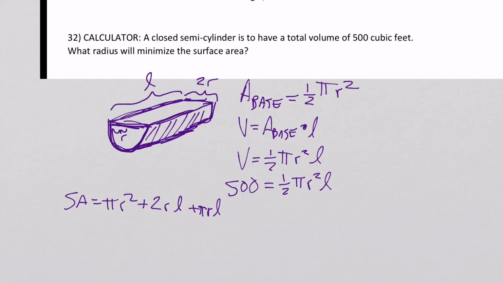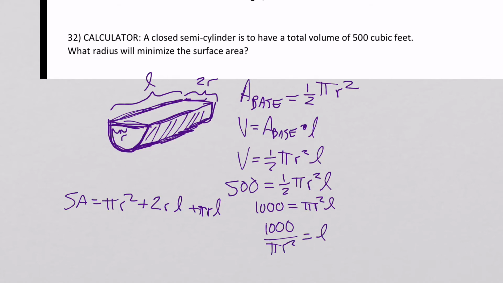I need to substitute because the surface area equation has three unknowns: surface area, R, and L. So I need to use my volume equation and solve it for one of my variables. Which variable is easier to solve for, R or L? L is easier to solve for because you don't need to square root. First I'm going to multiply everything by 2 to get 1,000 equals pi r squared L. I want L by itself, so I'm going to divide 1,000 by pi r squared.